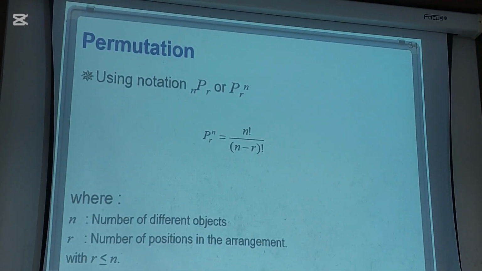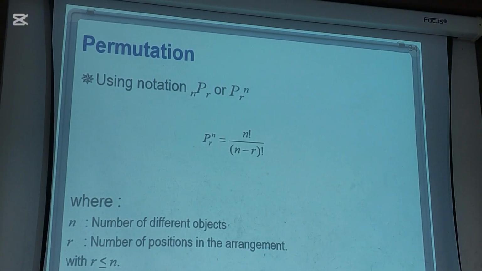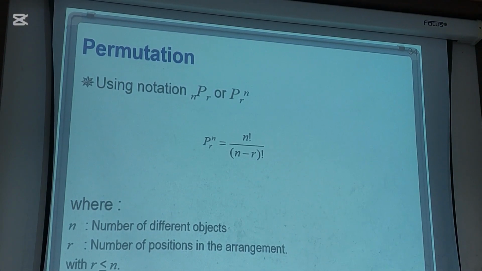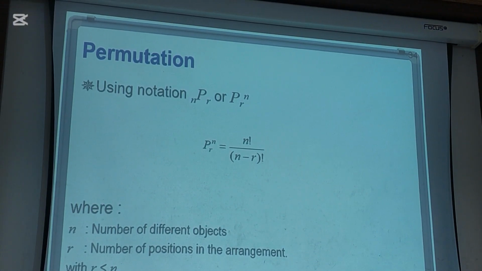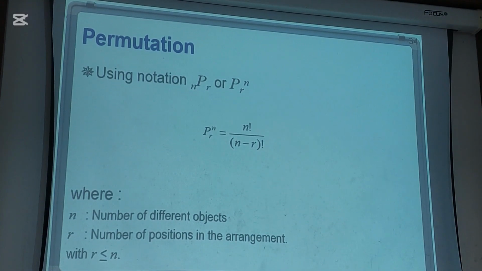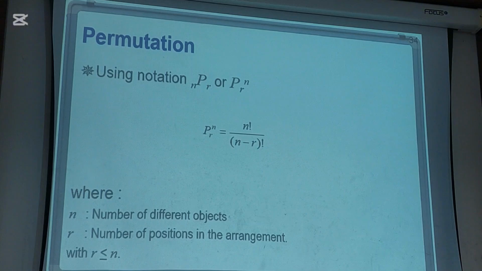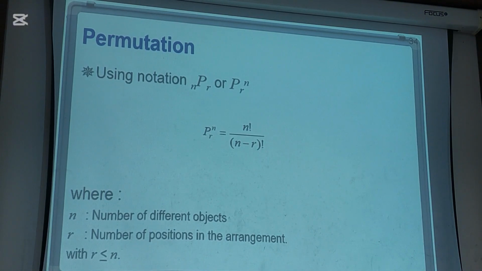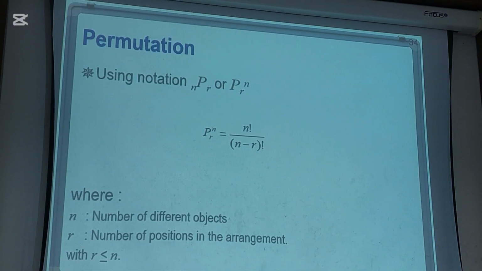This is the calculation of the permutation. N is the number of different objects.